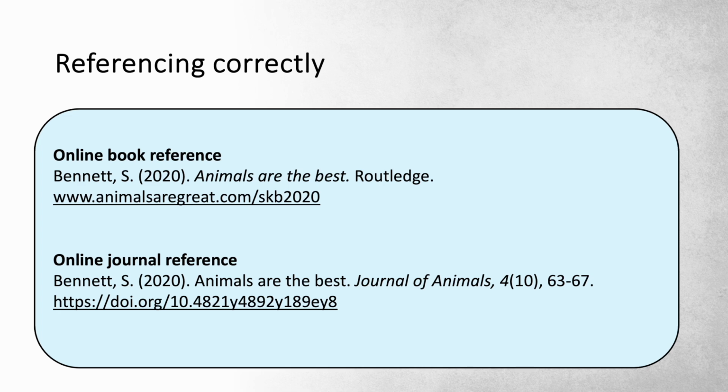So we've got a capital J here and a capital A, followed by a comma, and then the volume is in italics. Swiftly followed by the issue number in brackets, flush with the volume but not in italics, followed by a comma, and then the page range of the article. Notice there's no PP full stop before it, just the numbers, followed by full stop, and then you get this DOI number at the end. It's a link to the journal online.